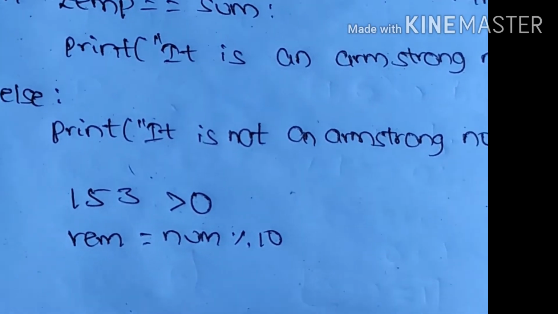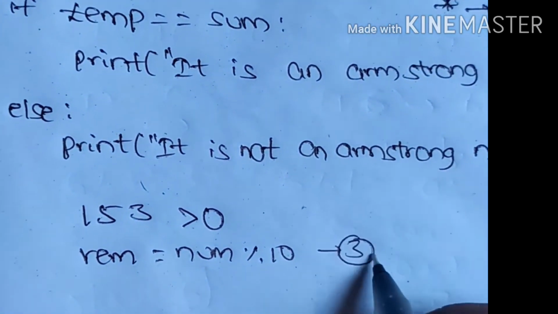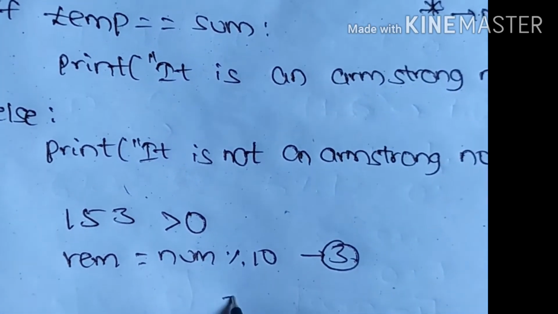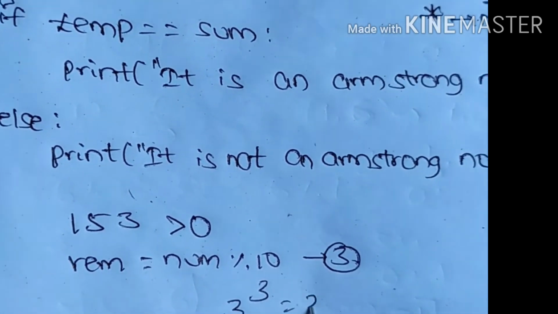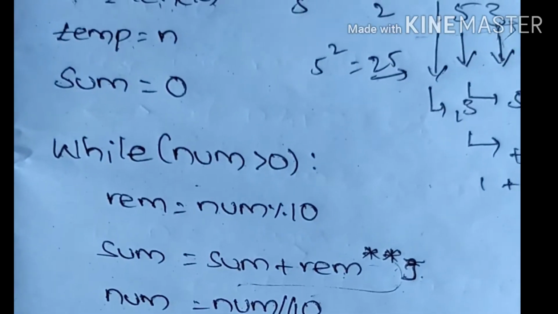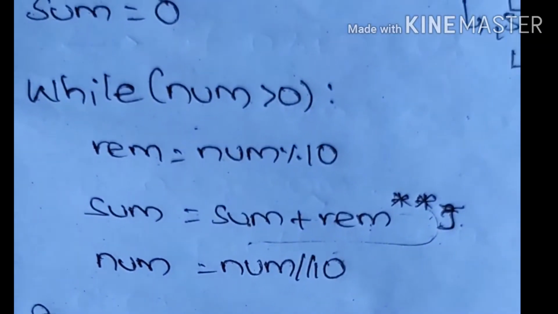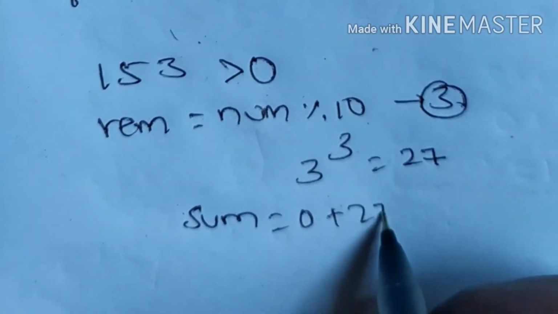When we divide 153 with 10, we will get remainder as 3, right? Then we will get 3 cube, that means 27, and 27 will be added to sum, here we mentioned sum equal to 0, right? So sum equal to 0 plus 27 as per condition.